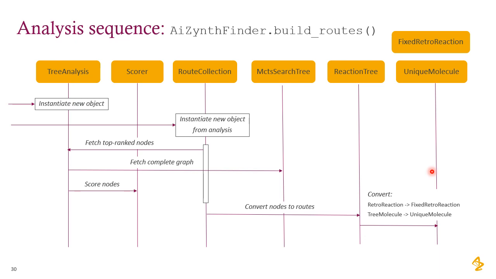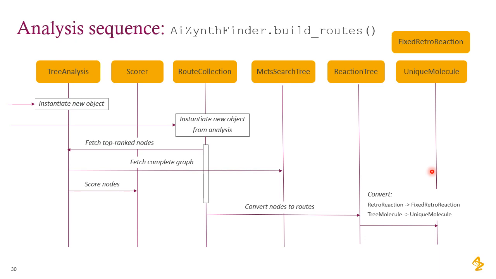Remember that retroreaction objects are the reactions that are returned by the expansion policy, which connects one node in the search tree to another node. And the tree molecules are the molecules that constitute the state of a Monte Carlo node. And we will convert them to corresponding objects just to make them immutable.